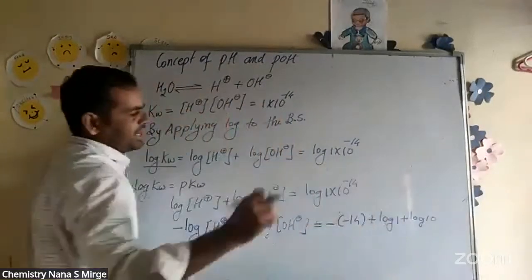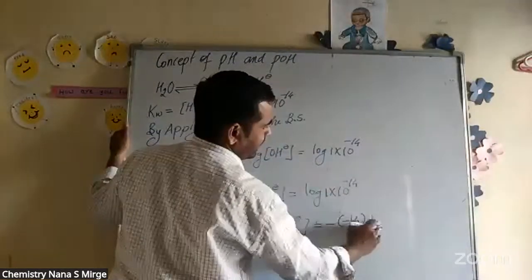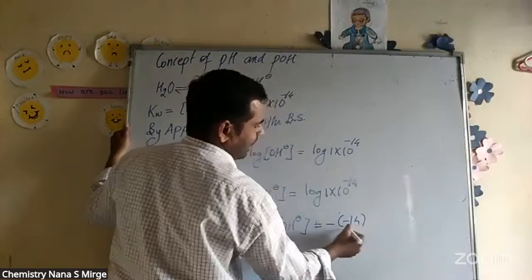Okay, so log of 10 is 1. So this one is 14 comes where log of 10 is 1. So there is a multiplication आएगा और ये 14 आ जाएगा.